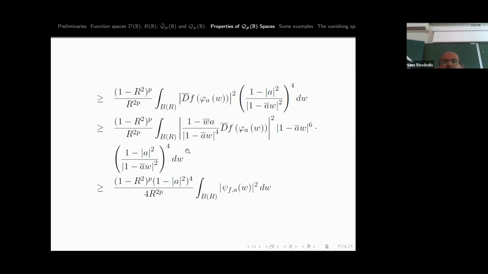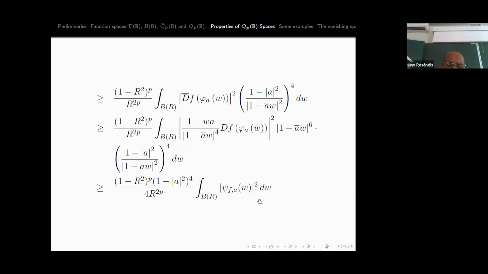Okay, and then we write all this quantity and use some estimations in this form. And precisely in this expression appears the function c.